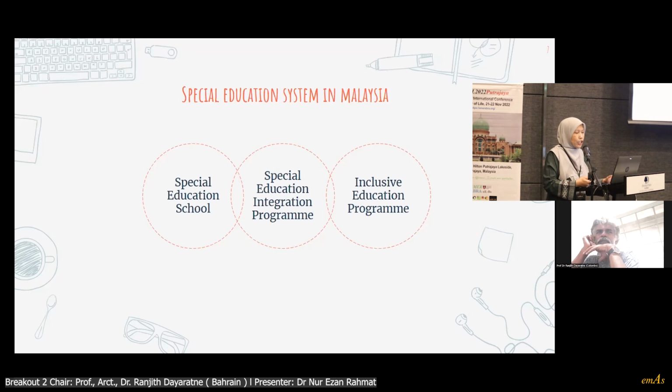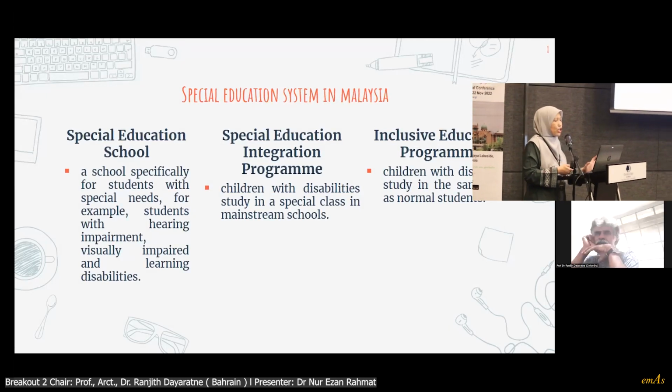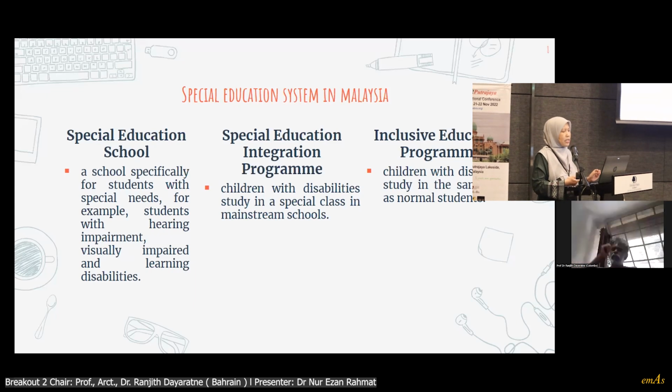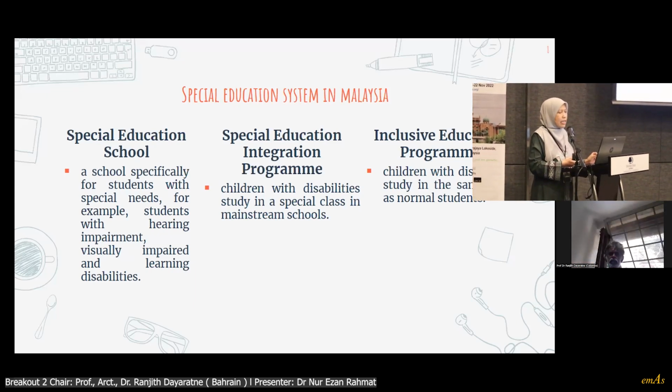Alright, in Malaysia, we have three types of special education system. We have special education school, special education integration program, and inclusive education program. Special education school is a school specifically for students with special needs, for example, students with hearing impairment, visual impairment, and learning disabilities.